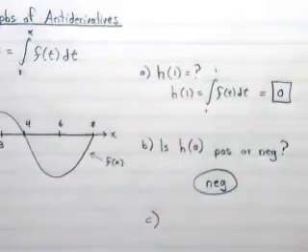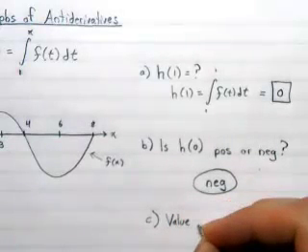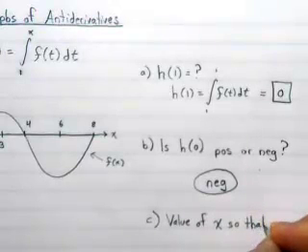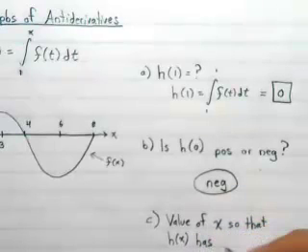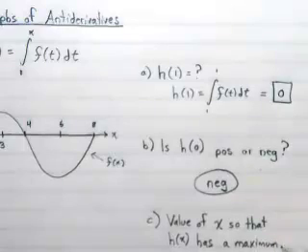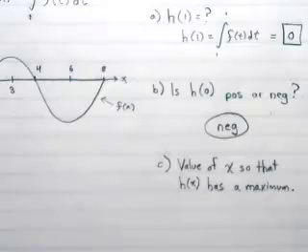E says h of x has a maximum. h of x is area. Okay? I'm not looking for where f has a maximum.